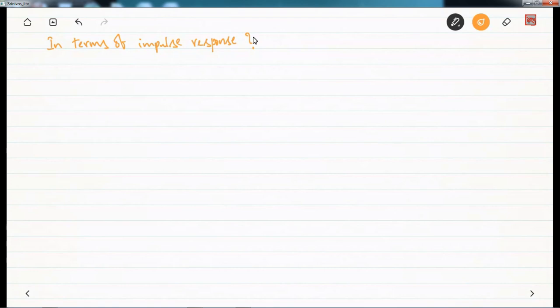You are given a linear time invariant system having an impulse response h of t, and then you are asked to determine whether the system has memory or not. How do you do this?